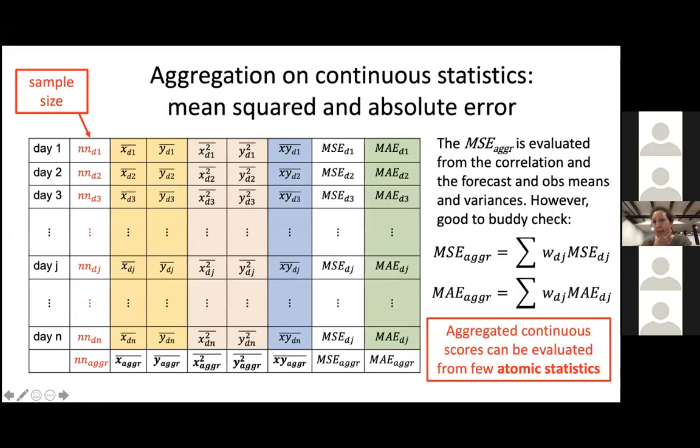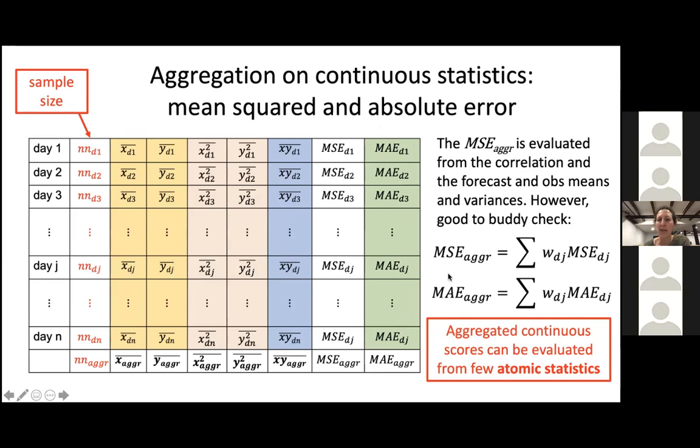Mean squared error and absolute error. The aggregated mean squared error you can evaluate from the relations that I gave you in the very beginning: the mean squared error is equal to the squared bias plus the two variances minus twice the covariance. However, in my code I usually calculate the mean squared error daily, as well as the mean absolute error daily.